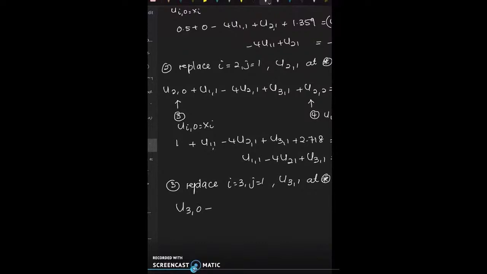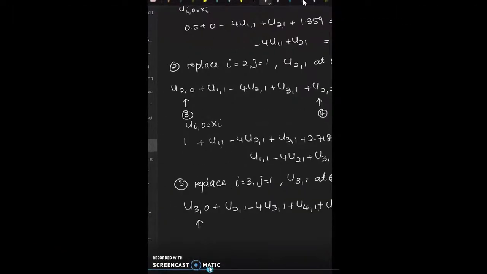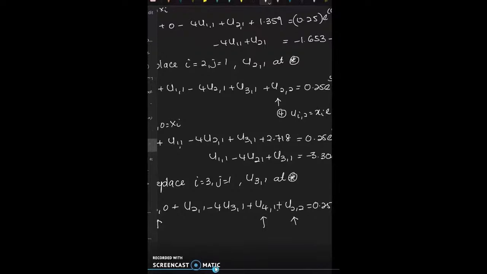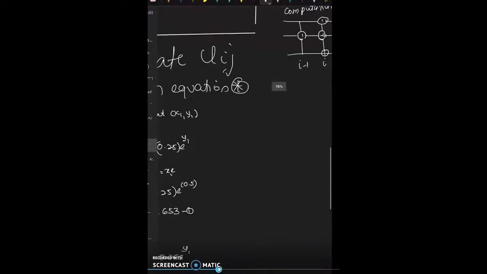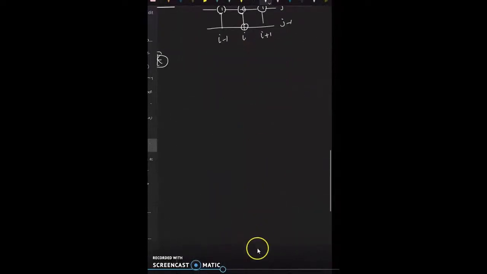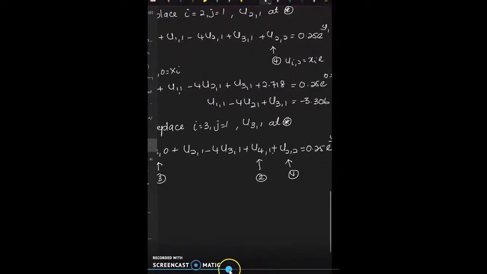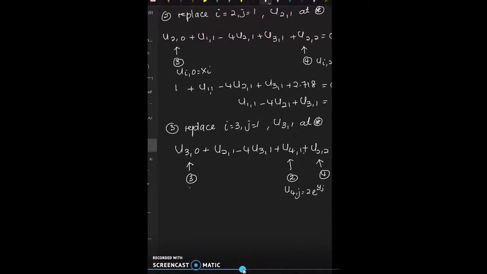Okay, now the same formula, the same star, you apply for i equal to 3 and j is equal to 1. Where is the boundary? On the right hand side, u22 is a boundary, u30 is a boundary, and u21 is also a boundary, u41 is a boundary.